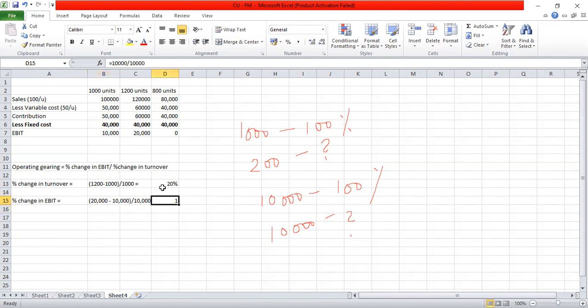This is 100%. So operating gearing in this case will be percentage change in EBIT divided by percentage change in turnover, which gives us 500%, or if we are writing it in a number format, it will be 5 times.